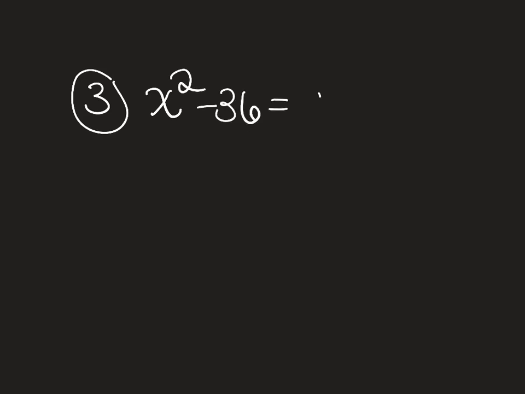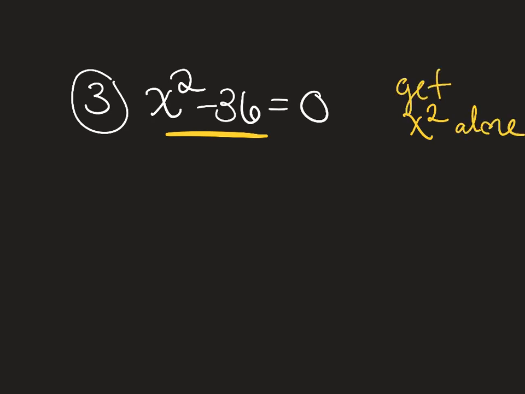Let's try number 3. Number 3 is a little bit different. x squared minus 36 equals 0. This time, I have this 36, and I need to move it over to the other side because I've got to get the x squared by itself. Get x squared alone.